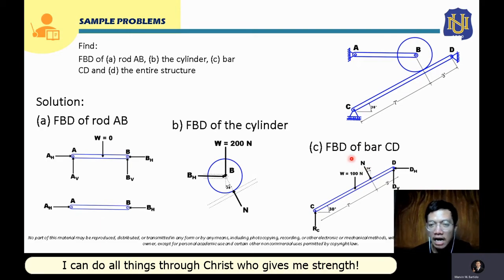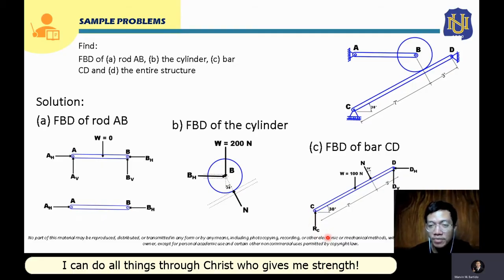Anyway, for our third step, we have to draw the reaction forces that are provided by the support. At point C, our support here is a roller. So the reaction force provided by a roller will just be a normal force.